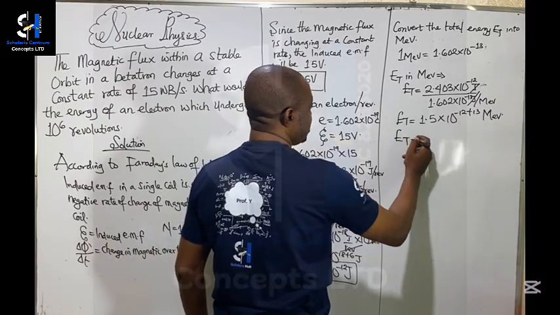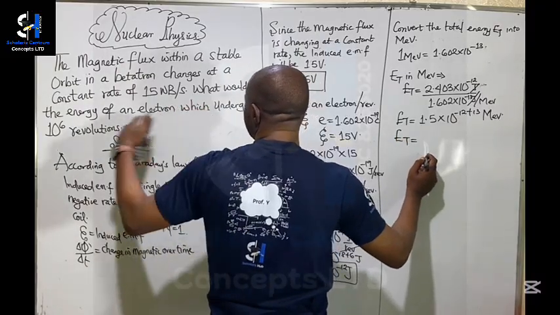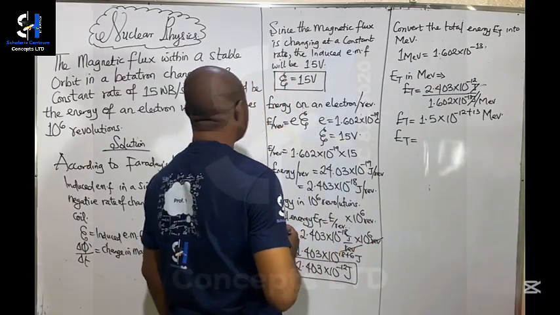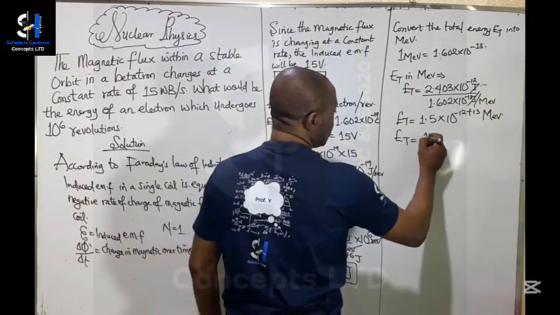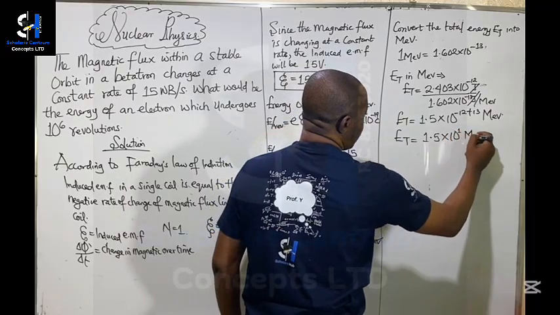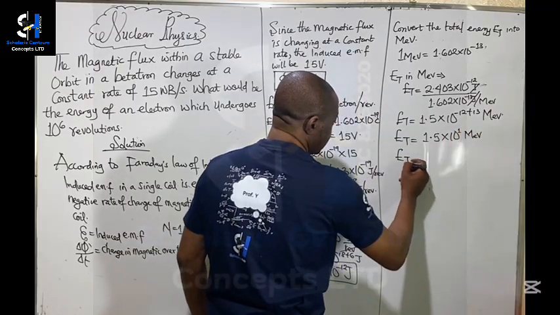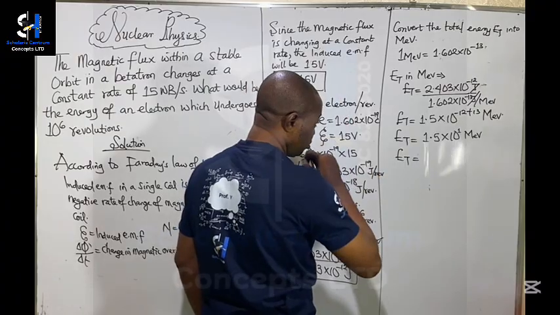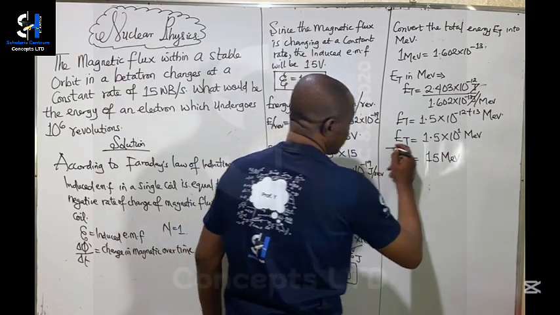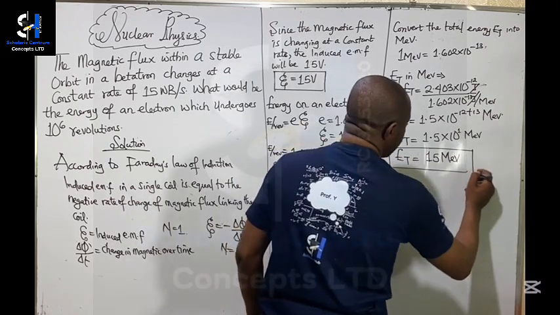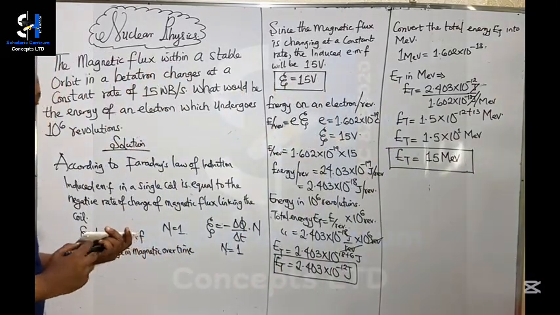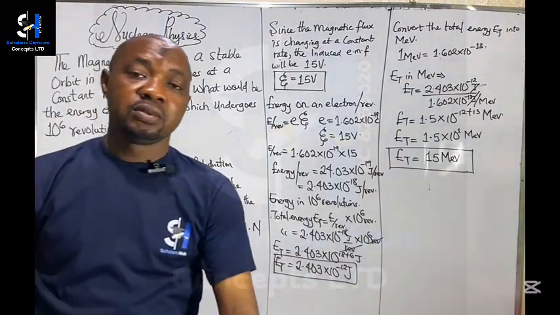So the total energy, which is the energy of an electron which undergoes 10 raised to the sixth revolution, will be 1.5 times 10 raised to the power of 1 mega electron volts, and that would be 15 mega electron volts.